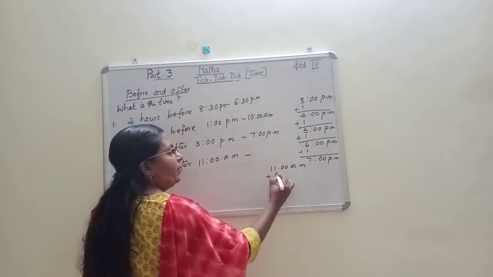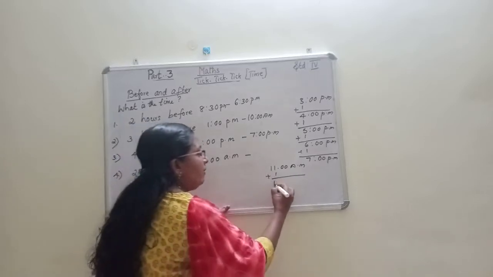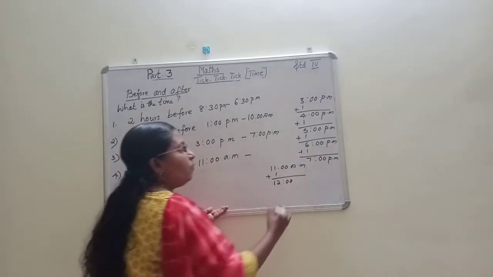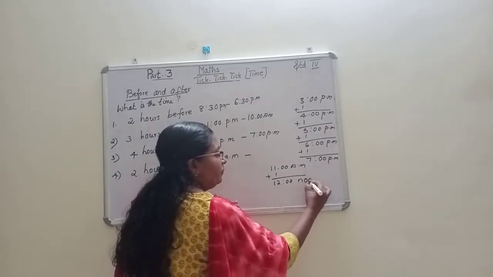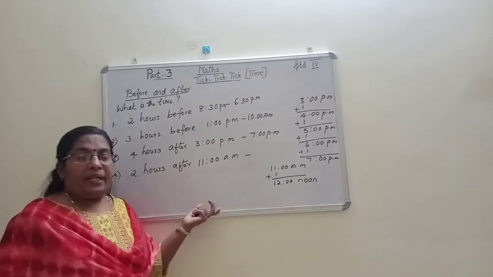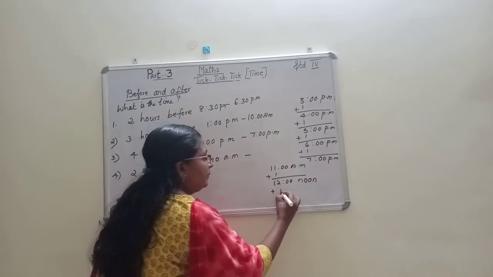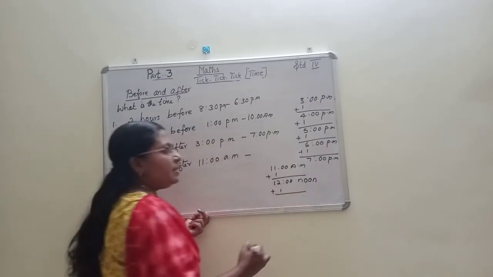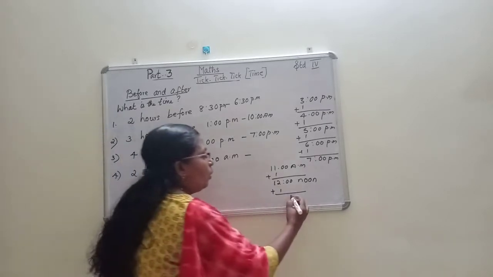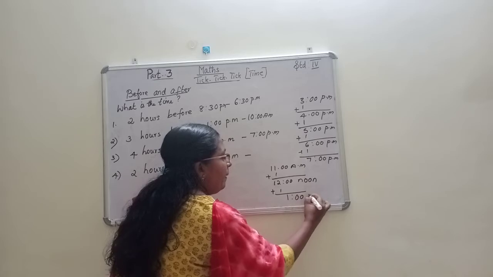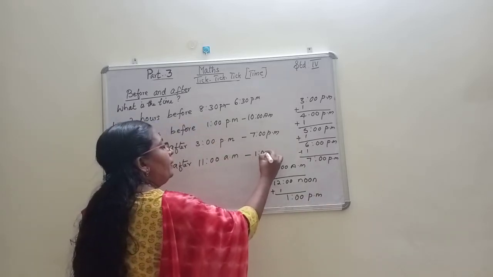Then add 1, 11 then 12. 12 o'clock, what will we mention? Noon, midday. Then after that 1, that is 1 o'clock, 1 PM.